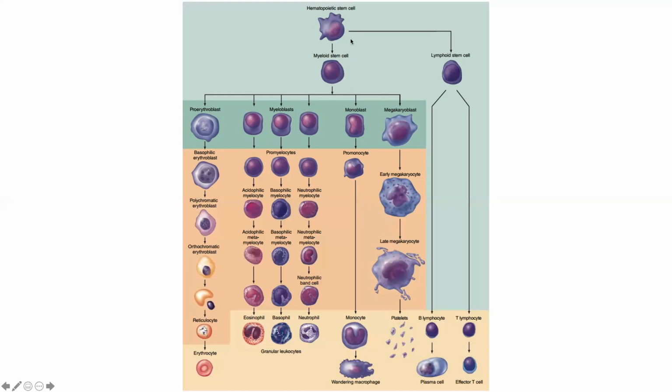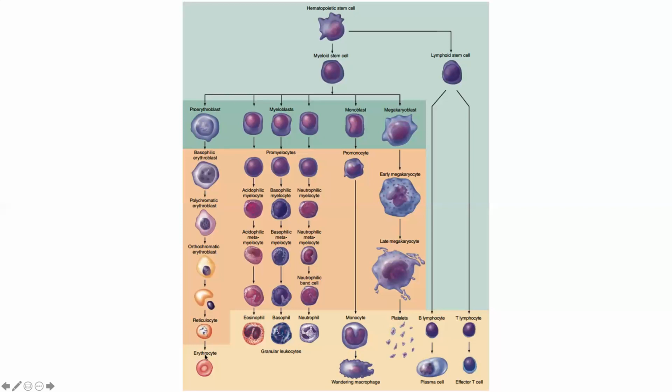So the hematopoietic stem cell will develop into myeloid cell and lymphoid cell. Lymphoid cell will develop into lymphocyte, but myeloid cell will be responsible for RBC, most of the WBC, and platelets. So I think it is worth studying this diagram. From myeloid stem cell, we first become pro-erythroblast. The pro-erythroblast gradually develops, and just before it becomes the mature form, it is called reticulocyte.